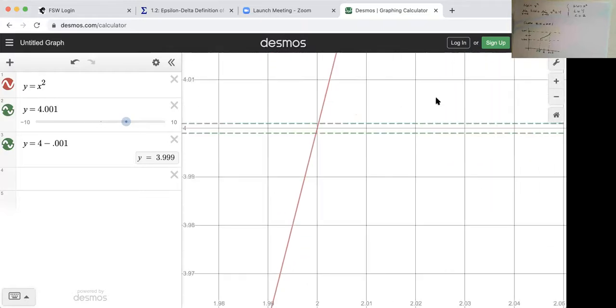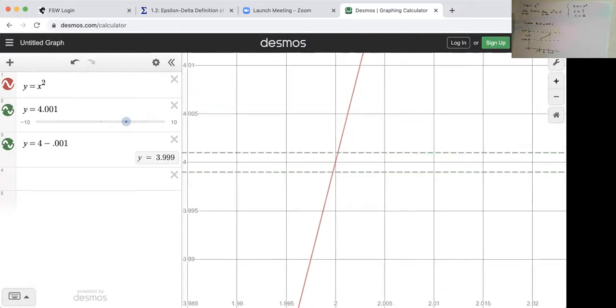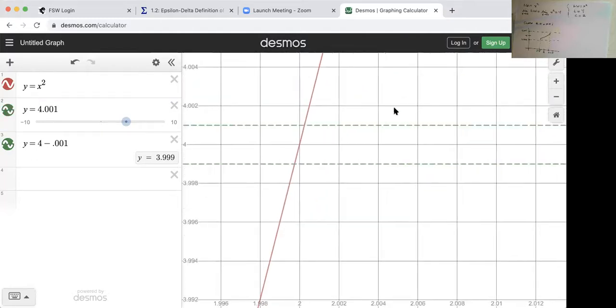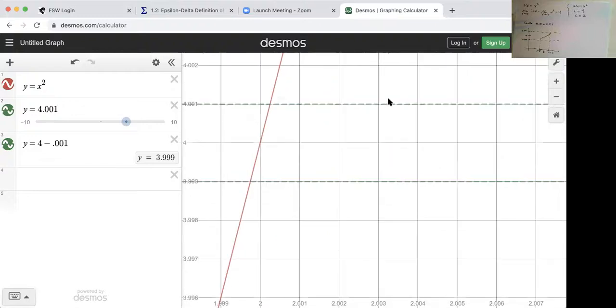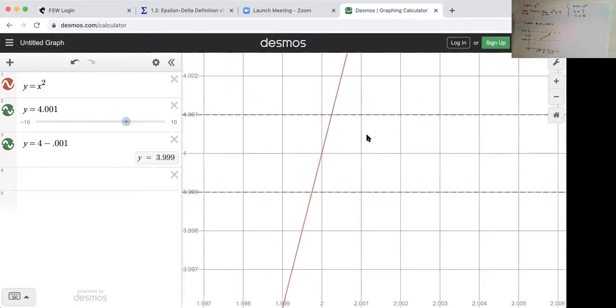How much do I have to zoom in to be able to see enough play within that ribbon? Okay, maybe this is pretty good. So how high do I go here? 0.0002 looks pretty good. How about minus? It'd be 1.9998. Is that within the range? It looks like it is.